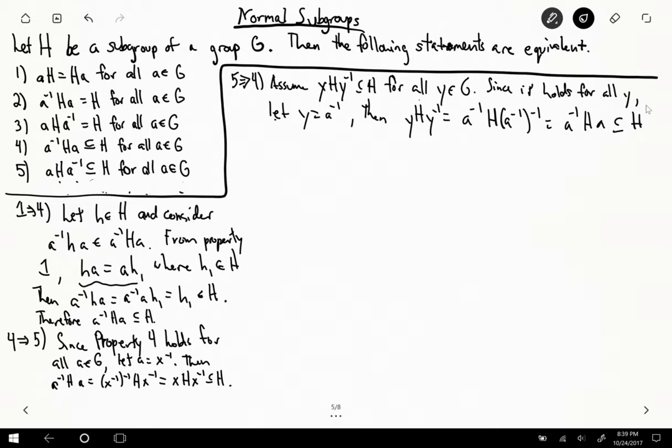So we have an if and only if statement in terms of 4 and 5. Right now we have 4 if and only if 5. Those two are equivalent, so that's taken care of, and we have 1 implies 4.